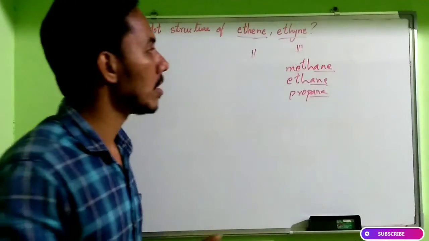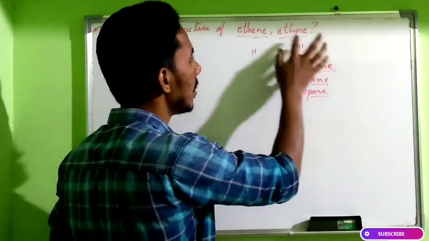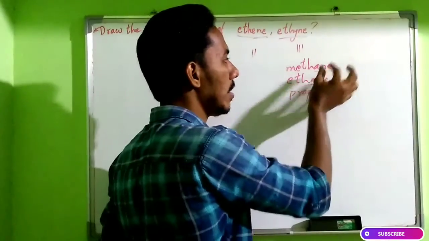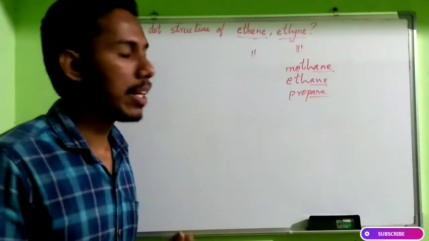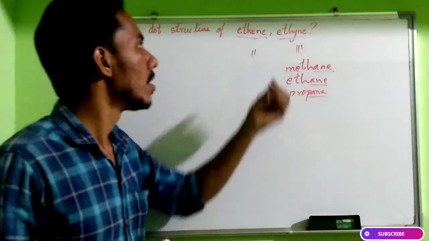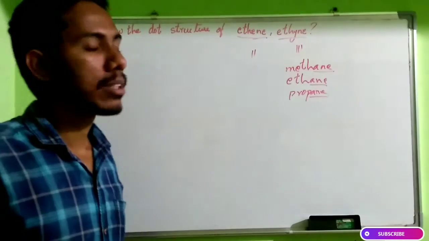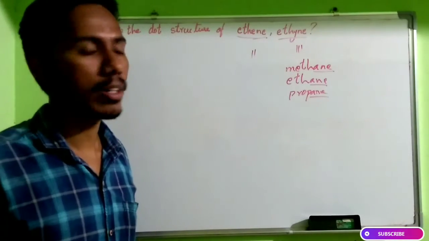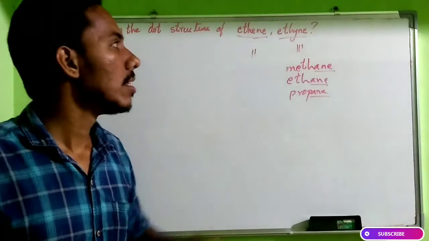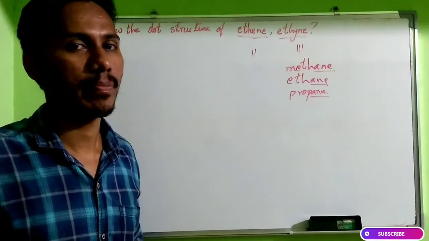Read the question and find whether it is ANE, ENE or YNE. If it is ANE, then we can understand that these are single bonded compounds. ENE represents that the compound has a double bonded structure. YNE means the compound has a triple bonded structure.